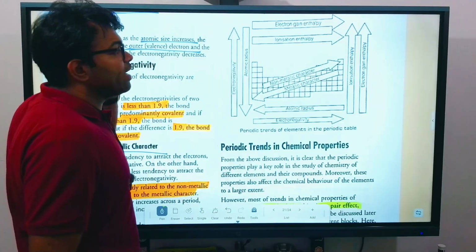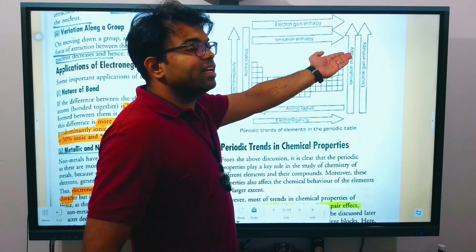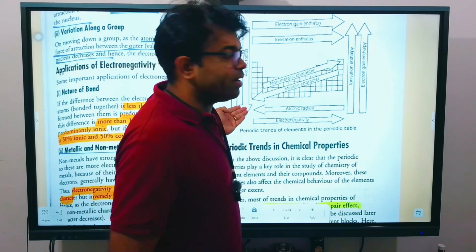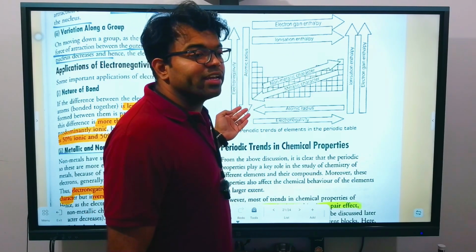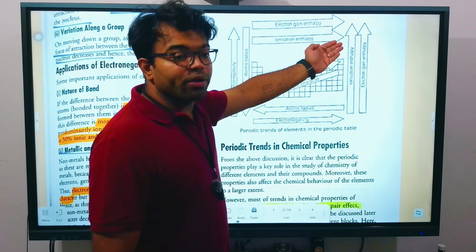So then the non-metallic character and the metallic character. The metallic character increases diagonally as we go from the top right to the bottom left, and the non-metallic character increases as we go from the bottom left to the top right.